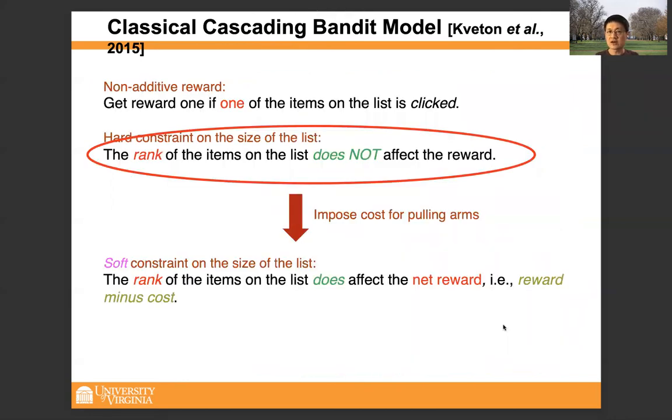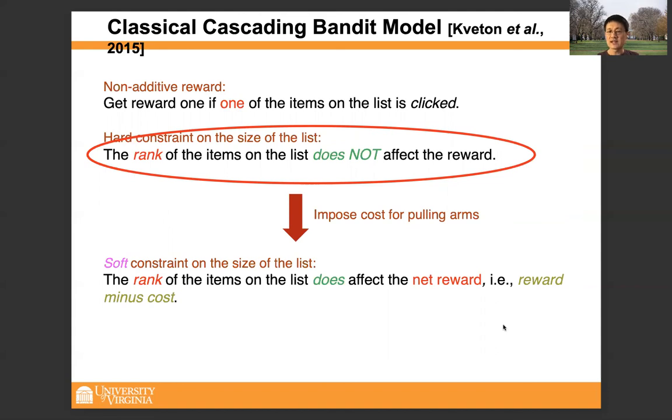This is the classical cascading bandit model, but this one has some issues, especially if you want to use it for our mobility problem. First is non-additive reward, because it will get reward 1 only if one of the items is clicked. If none of the items is clicked, there is always a reward 0. Second is this hard constraint on the size of the list. You have to know this parameter L beforehand.